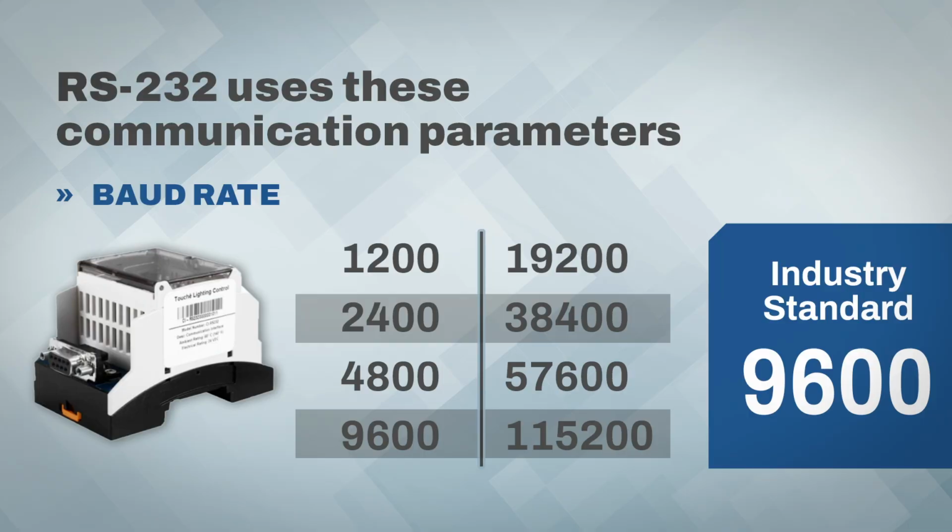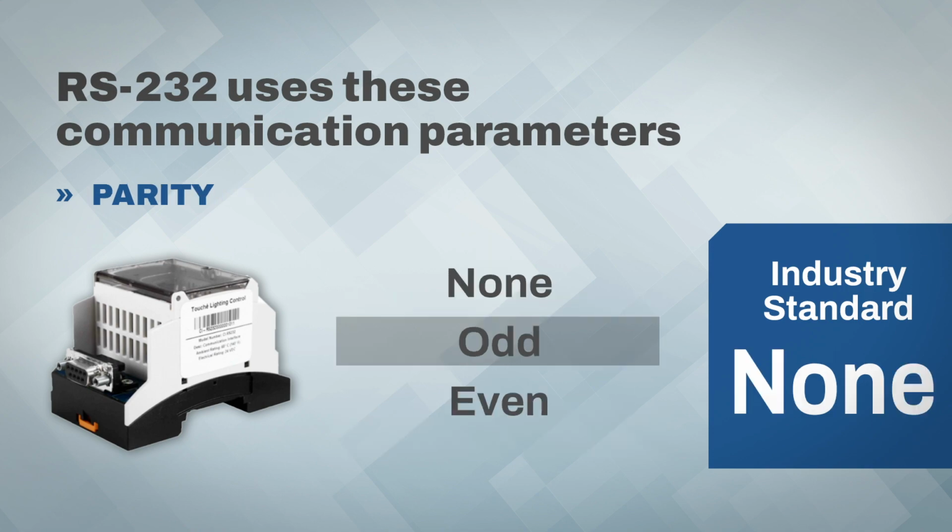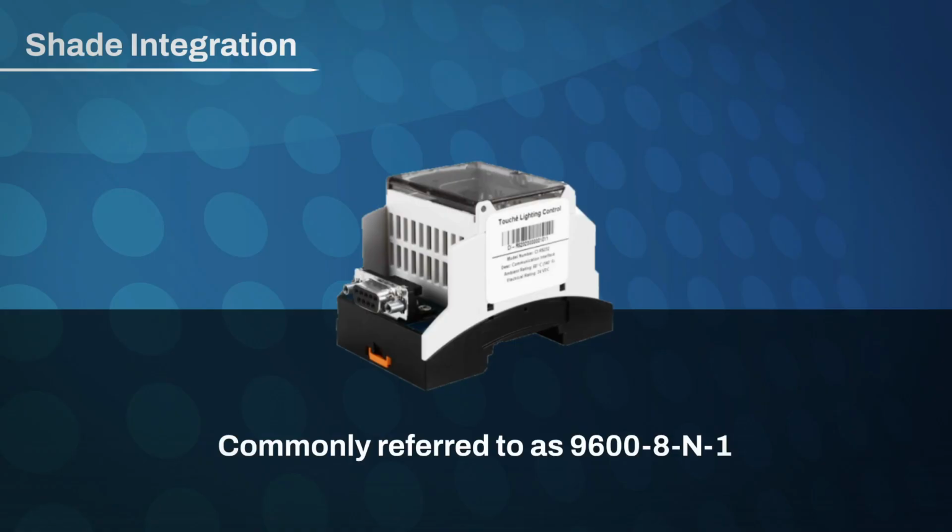There are several different configuration options for each data format component, such as using a 19200 baud rate versus a 9600 baud rate. But most of the industry has defaulted to a format of 9600 baud, 8 data bits, no parity, and 1 stop bit. This is commonly referred to as 9600 8 none 1.